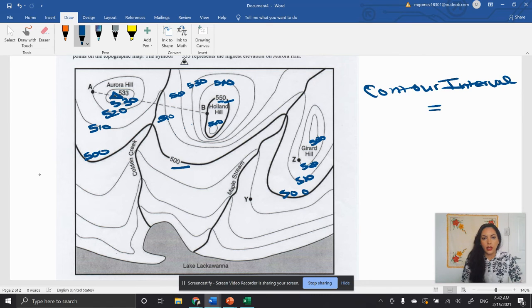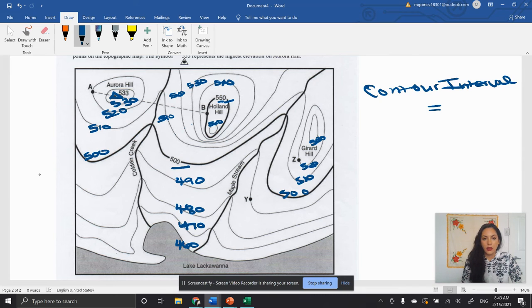So 500 minus 10, 500 menos 10, 490. 490 minus 10, 480. 480 minus 10, 470. 470 minus 10, 460.